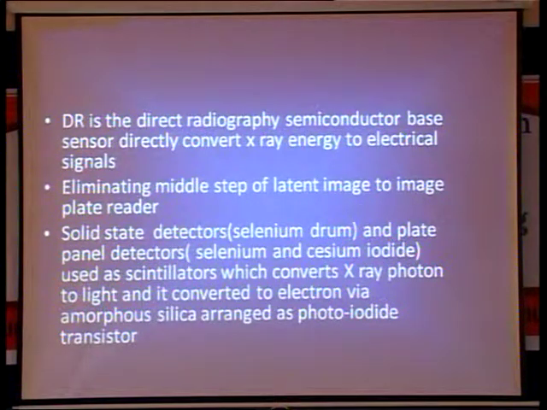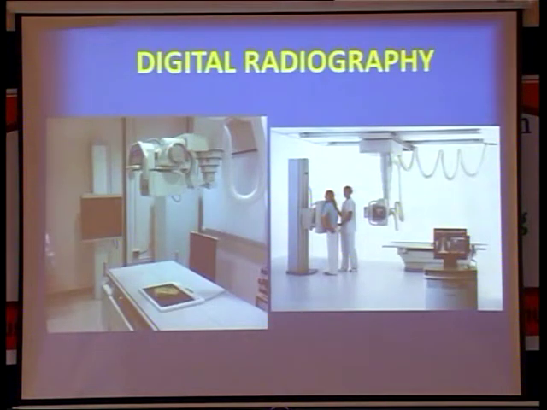The solid-state detector, cesium drum, and flat panel detector use cesium iodide as a scintillator, which converts the X-ray photon to light, which is then converted into electrons, and you get a digital signal. This is digital radiography. After taking the X-rays, it is computerized, goes through the system, and the image comes back within a few seconds.